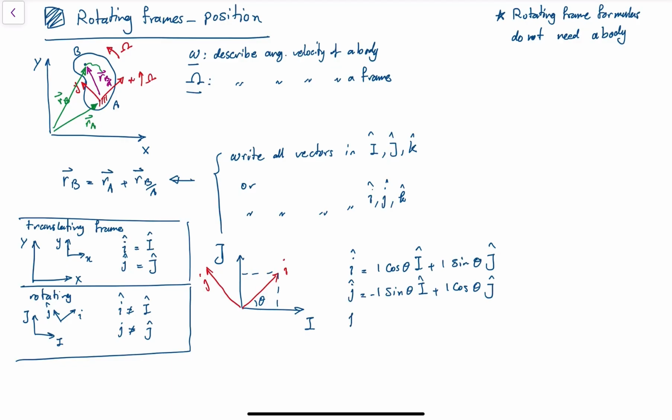So little k equals big K in planar motion, because you're not rotating out of plane.